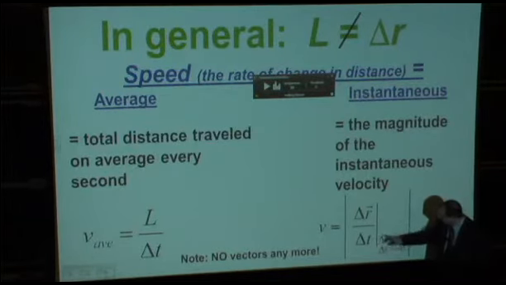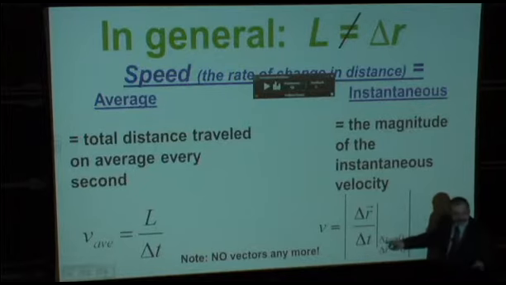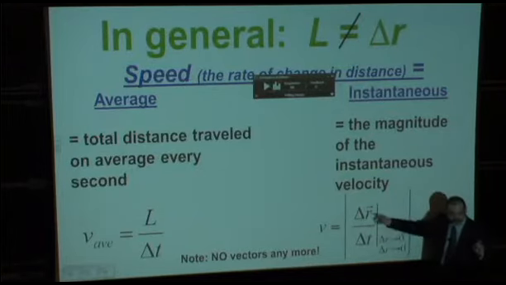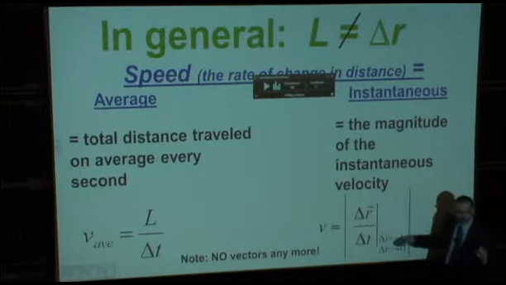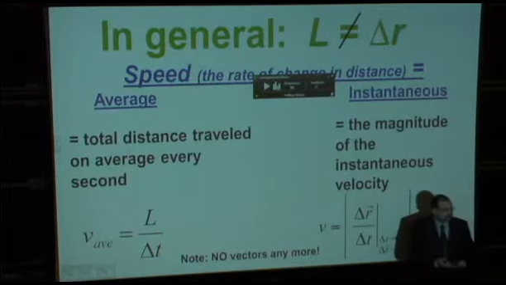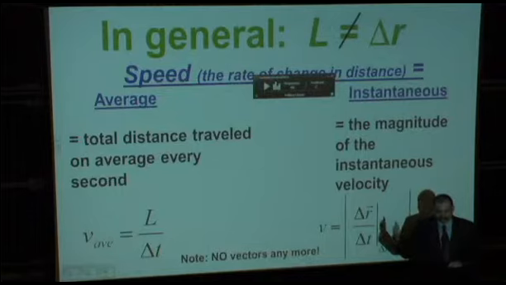This line tells us that we should consider two very close instances in time. So this is the instantaneous velocity, and these two vertical bars mean magnitude or absolute value. So instantaneous speed, by definition, is just the magnitude of instantaneous velocity.